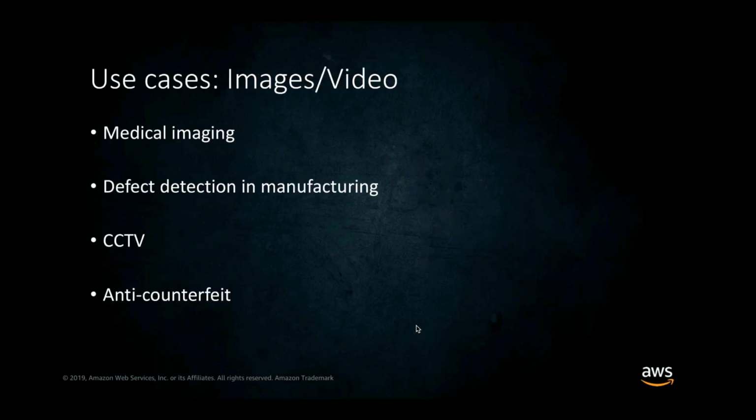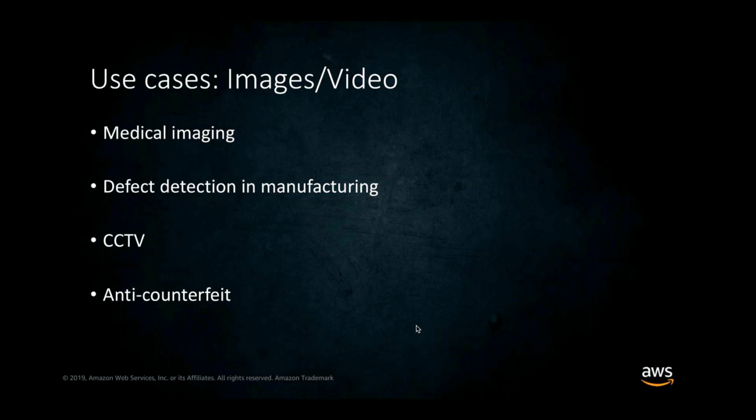There are also plenty of use cases for images and video. For instance, medical imaging. When we go to the doctor, they may perform an X-ray of our body, and then the doctor will try to determine whether everything looks normal or not. If it does not, it may indicate that we are sick. We also find anomaly detection in manufacturing.